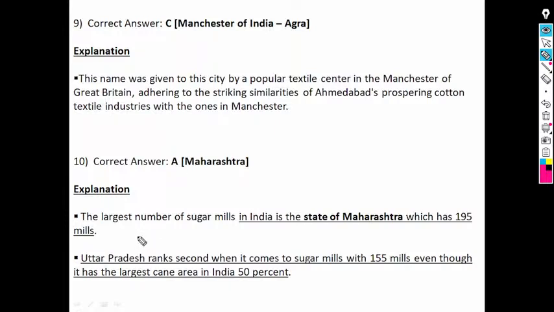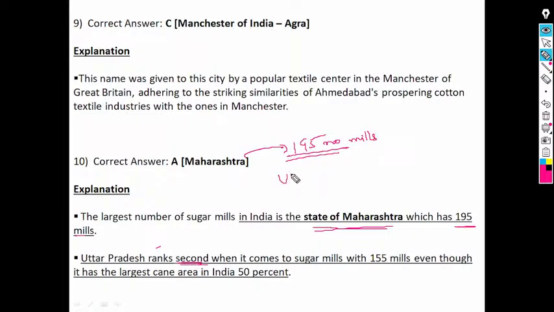The largest number of sugar mills in India is in the state of Maharashtra, which has 195 mills, and Uttar Pradesh ranks second.